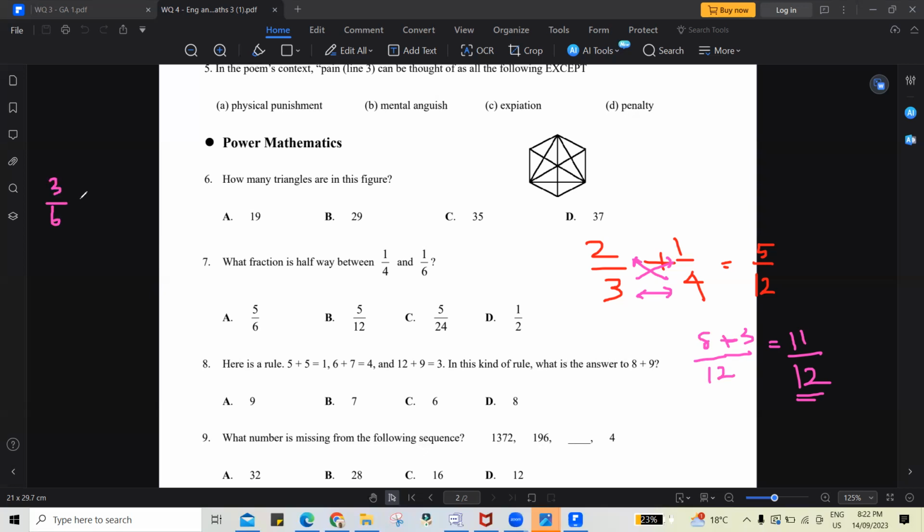Okay. Now we are doing subtraction of fractions. 3 over 6 minus 1 over 4. Can you find out? Do it in the book, please. Work on your book.